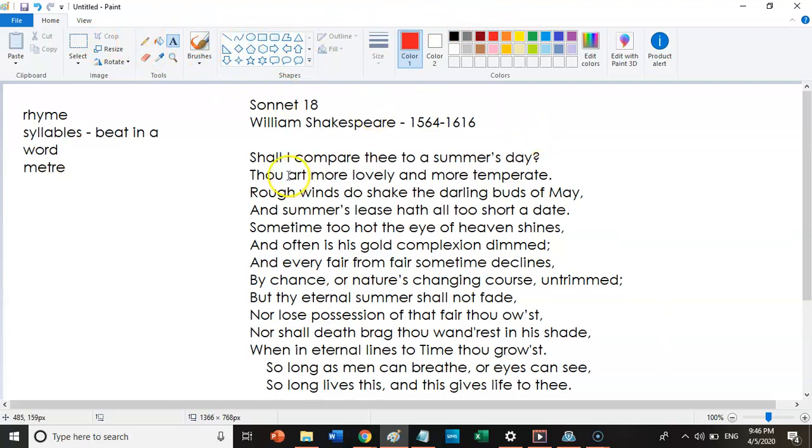So let's see, we've got: shall I compare thee to a summer's day. Most of these words only have 1, but notice compare, that's got 2 syllables, and summer's has got 2.